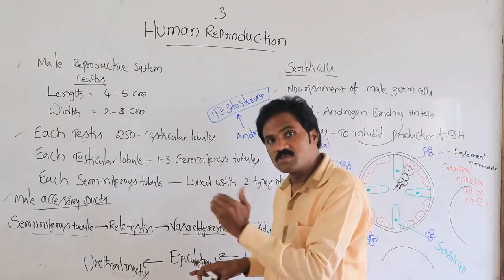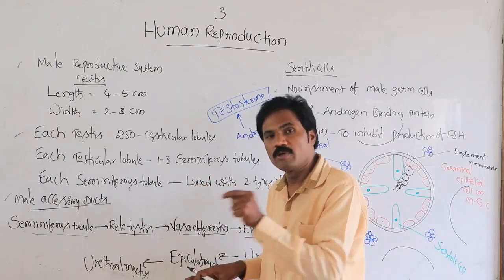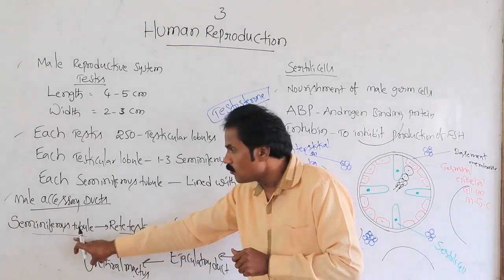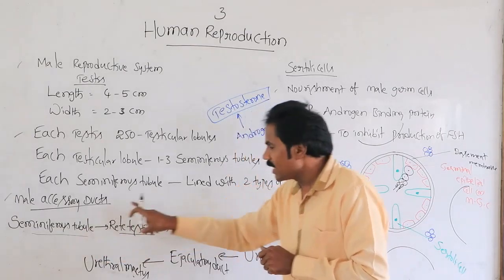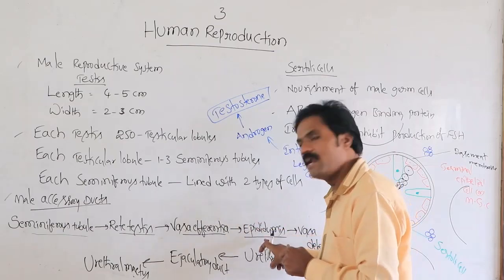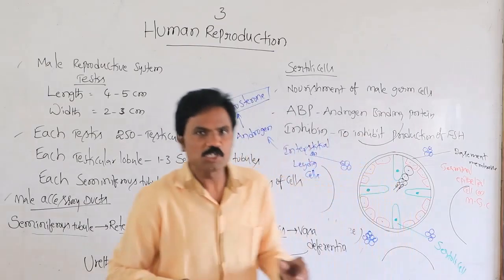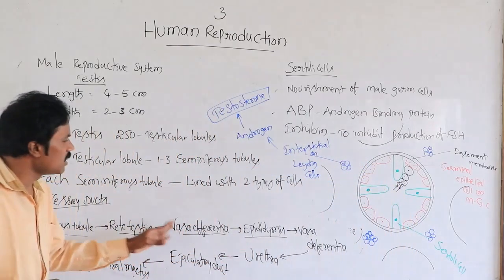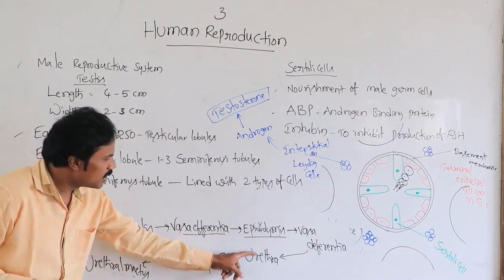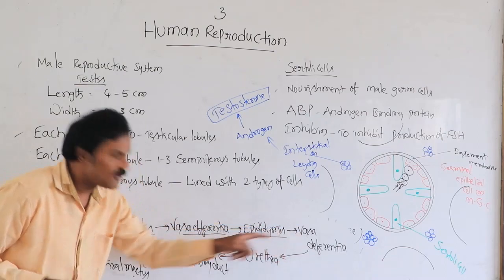Last class, I showed the diagram very clearly; observe it carefully. Here they give first the seminiferous tubule, second the rete testis, and third, instead of vasa efferentia, they give epididymis. That is the first option. In the second option they change: after epididymis they give the urethra, then urethra to vas deferens.